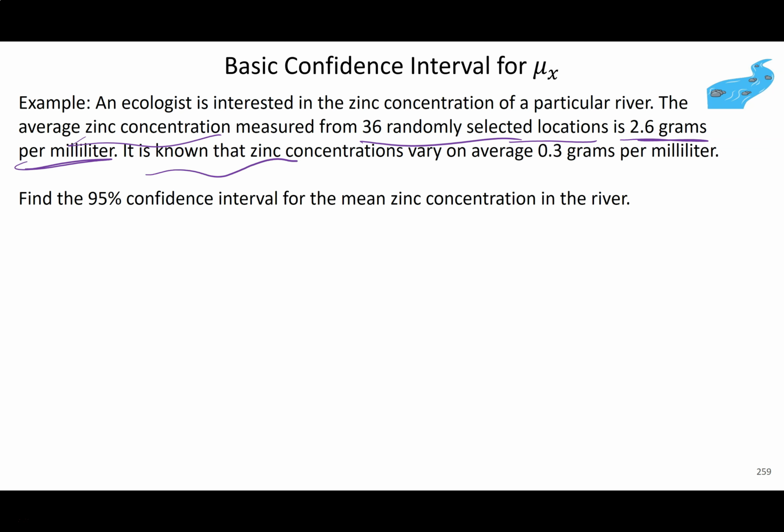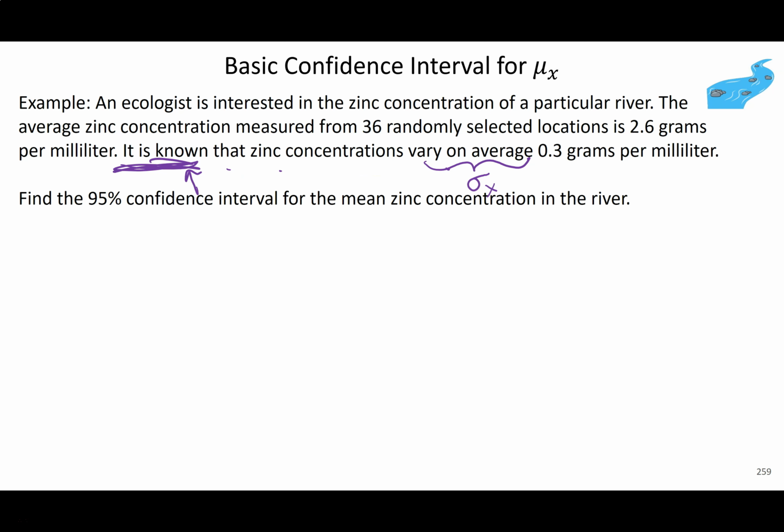And it is known, I want to really highlight this. In general, if we say it is known, whatever follows this part of the sentence is about a population. So it is known that zinc concentrations vary on average. This is talking about a sigma. This is sigma of x here. So super important to note.